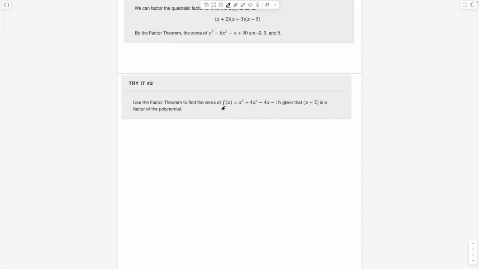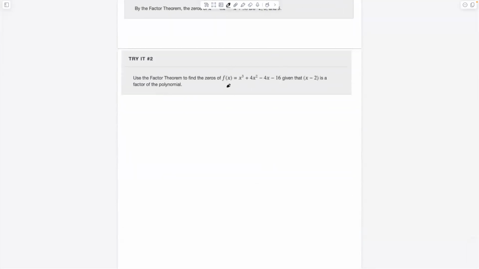Okay. So here, I want to find all the roots. I want to find all the zeros. They told me that 2 was one of my roots. That's what this says. 2 is a root, also known as a 0. Those mean the same thing.